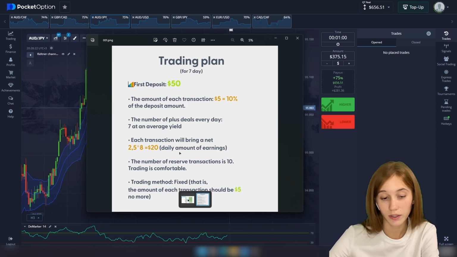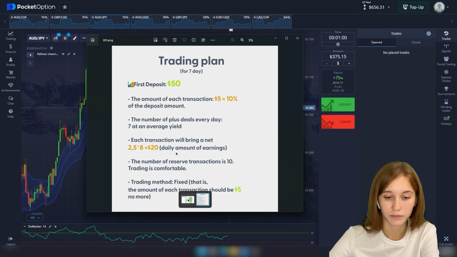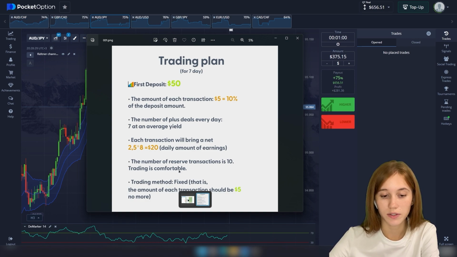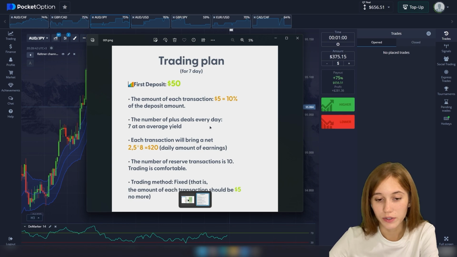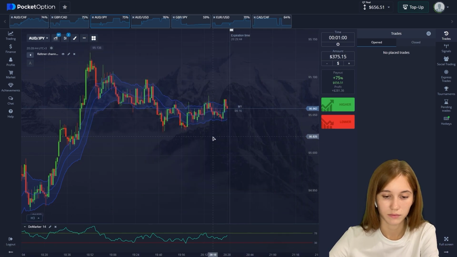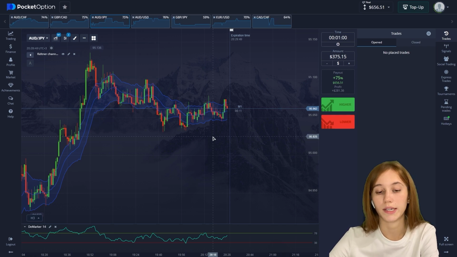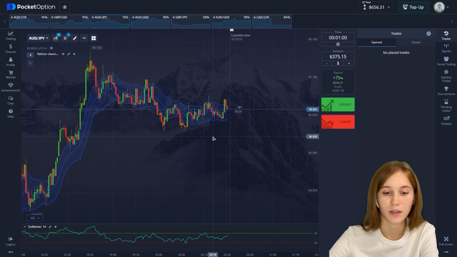So you can use this plan. Each deal brings you about $2.50. It's a very convenient plan, and you also can use it. As I said, the amount should be $5, and it's for 7 days.